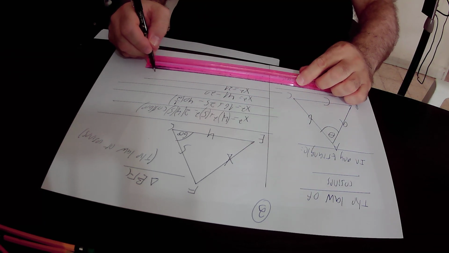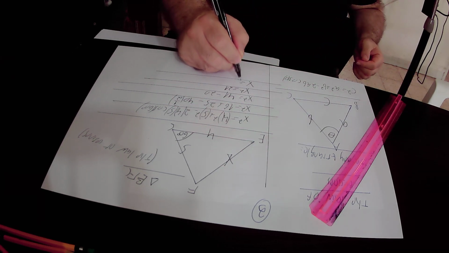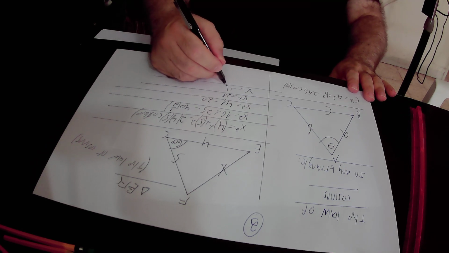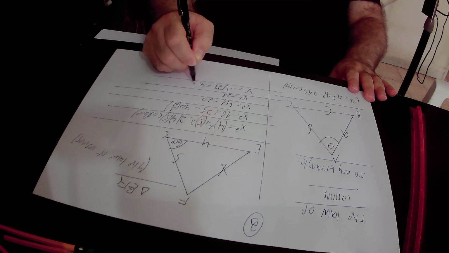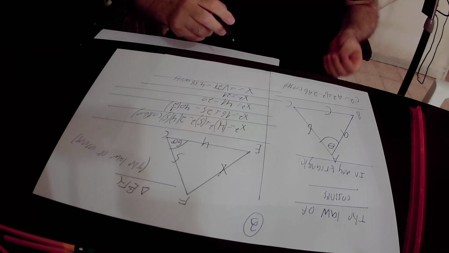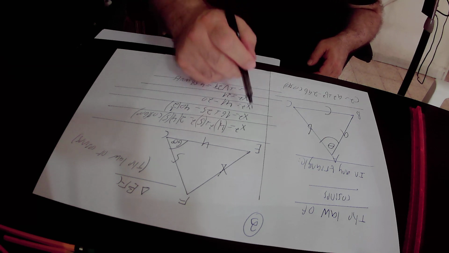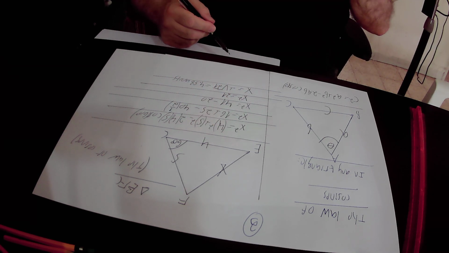Here we take the root of this equation and we get that x equals the positive square root of 21, which in terms of numbers is 4.58 units. The reason x equals the positive square root of 21 is that x is a length, so it must be a positive number.